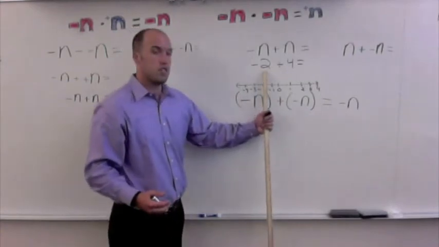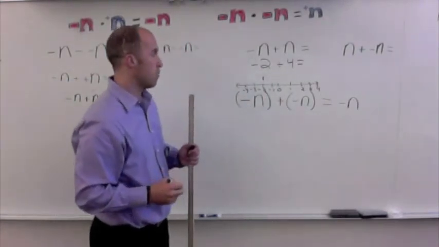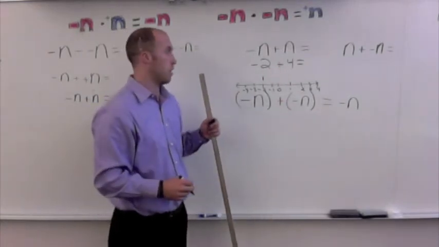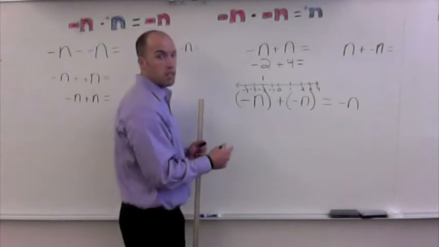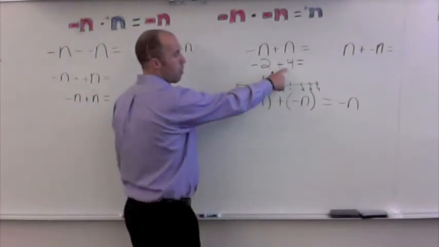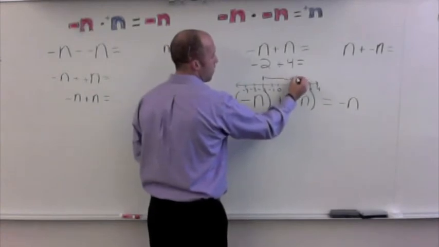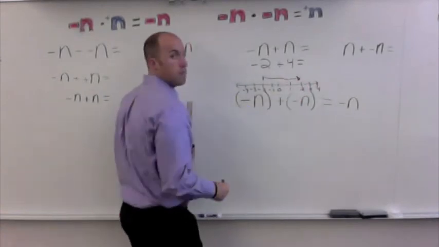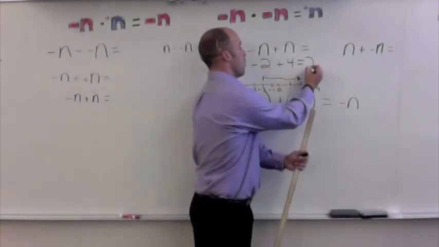So we start at negative 2 right here, so I'm going to put a little arrow right there, and we need to know whether we go right or left on the number line. When we're adding something, we go to the right of the number line. So how many spaces are we going to go over? We're going to go over 4. So 1, 2, 3, 4, and end up right there at 2. So negative 2 plus 4 is actually going to be 2.